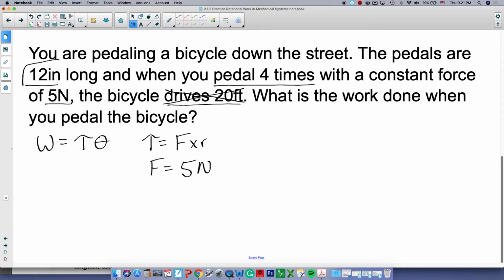Again, here you see that we have inches. So we can't do inches here. We got to convert inches to meters. All right. So however you want to do it, inches to feet, feet to meters, or inches to centimeters, centimeters to meters. Either way is fine. So there's 2.54. I'm going to go inches to centimeters.